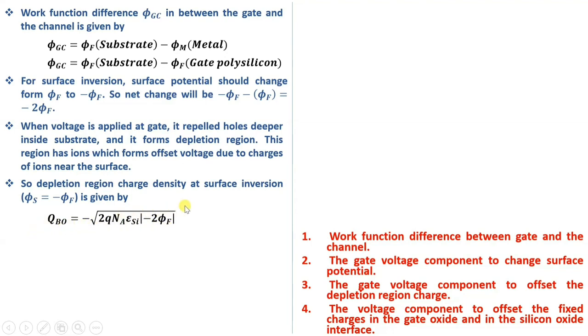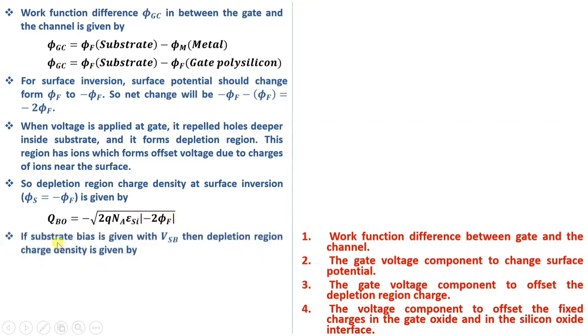You just go through my previous video based on calculation of thickness of depletion region, in which we have calculated charge density at surface inversion, and that was as per this equation. So QBO, that is minus of square root of 2q Na epsilon Si, where this Na is acceptor impurity and epsilon Si, that is permittivity of silicon material, minus mod of 2 phi F, right?